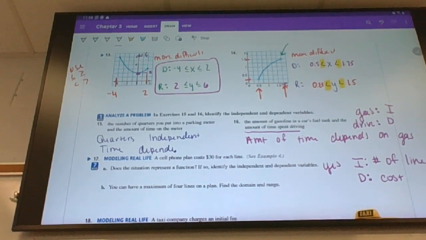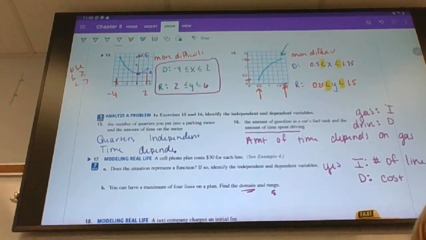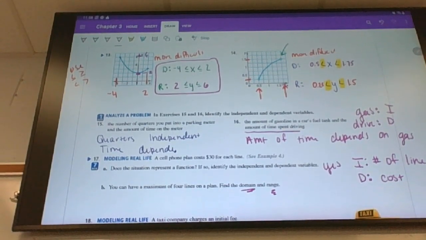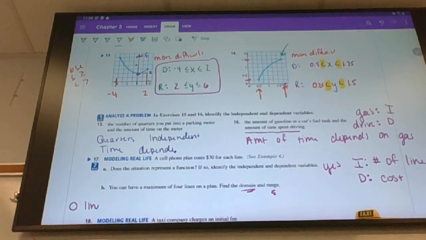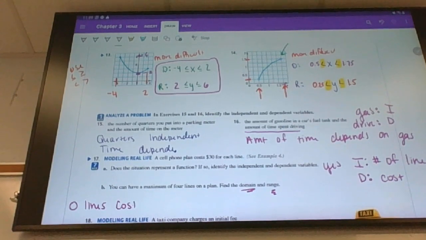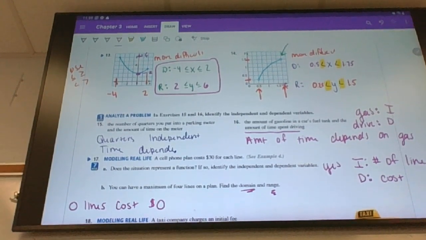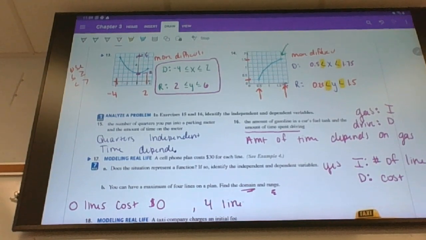If you can have a maximum of 4 phone lines, what is the domain and range? Okay, so 0 lines cost how much? $0. Okay. 4 lines cost how much? $120.